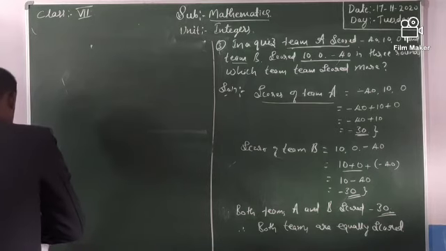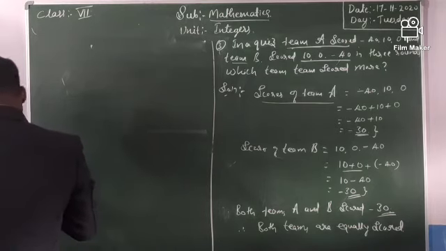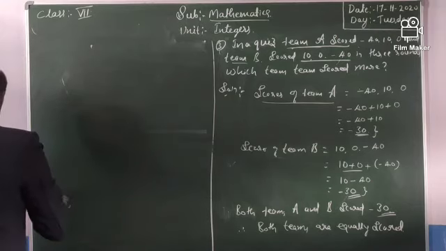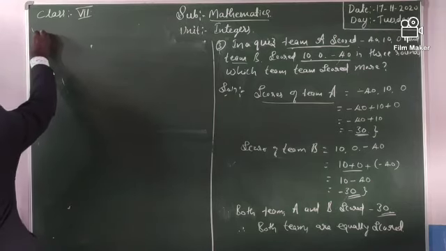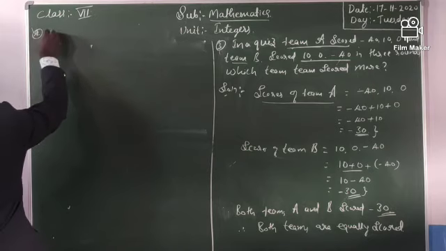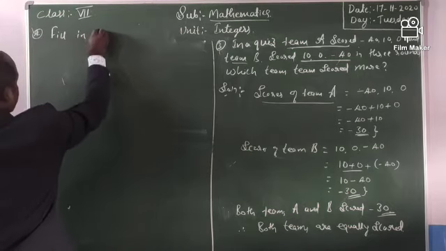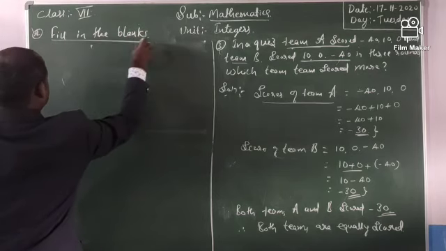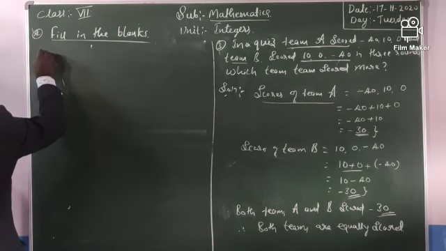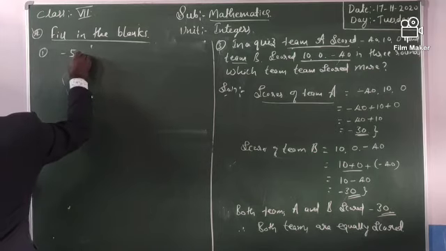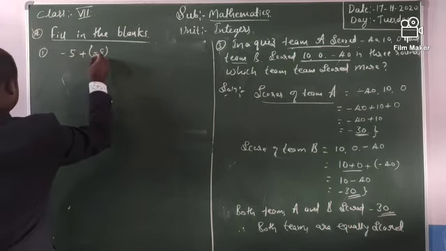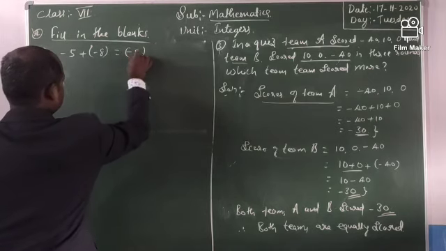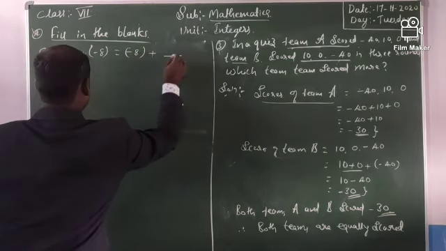The next problem is fill in the blanks. Fourth one. Fill in the blanks. In that, first one, minus 5 plus of minus 8, which is equal to minus 8 plus of dash.